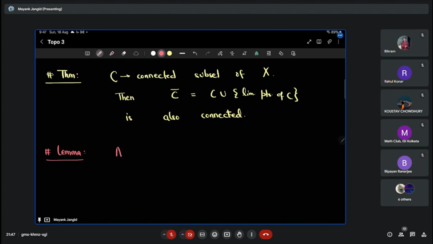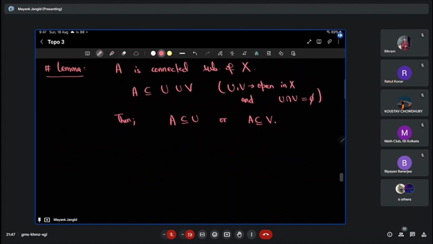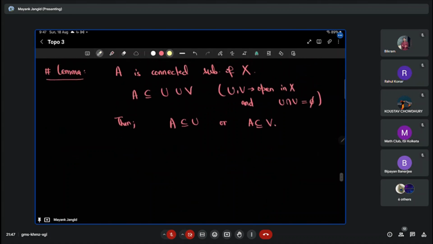So if you have A, a connected subset of X, such that A is contained inside U union V, where U and V are open in X and they are disjoint, then this A either belongs to U or it belongs to V. I think this is pretty easy to see. Can someone tell me why this should be true?